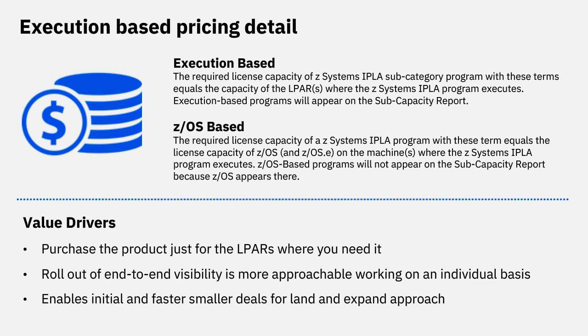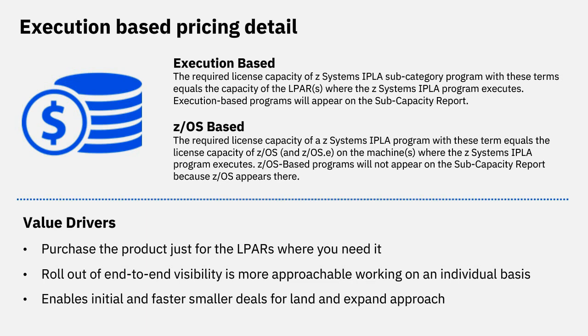So if you have some applications that you want to quickly get started with Z APM Connect on, and they're only running on a few of your LPARs, you can buy just a little bit of Z APM Connect and get started monitoring those applications right away. And then once it's successful, ramp up and expand across your entire mainframe.